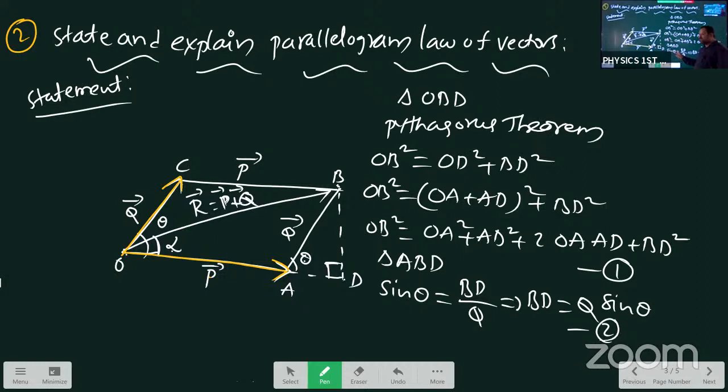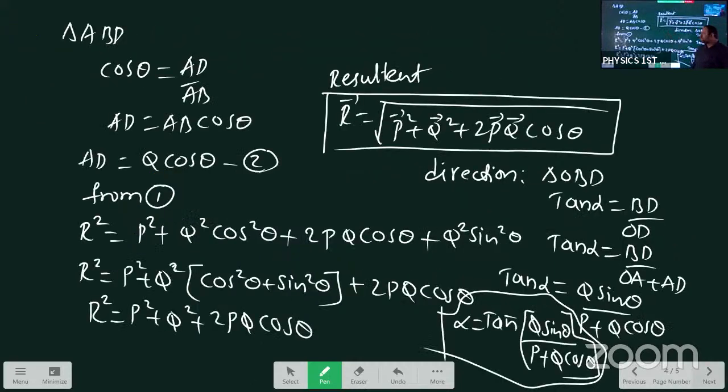From this, sin theta comes and cos theta comes. Substituting those values, we get P square plus Q square common term, sin square theta plus cos square theta, 2PQ cos theta. In the bracket, the mathematical condition, sin square theta plus cos square theta equals 1. We got the R square value. Taking the square root on the right side, R equals under root of P square plus Q square plus 2PQ cos theta.